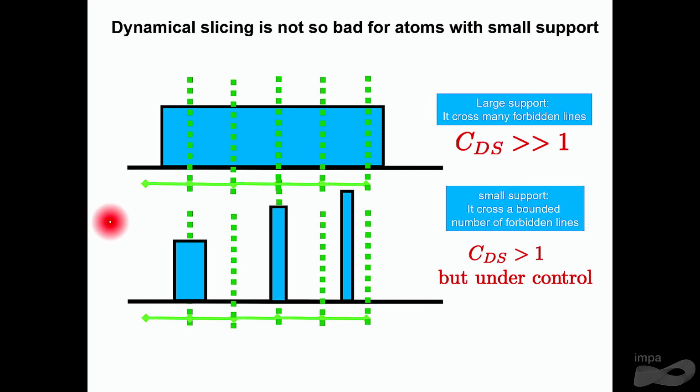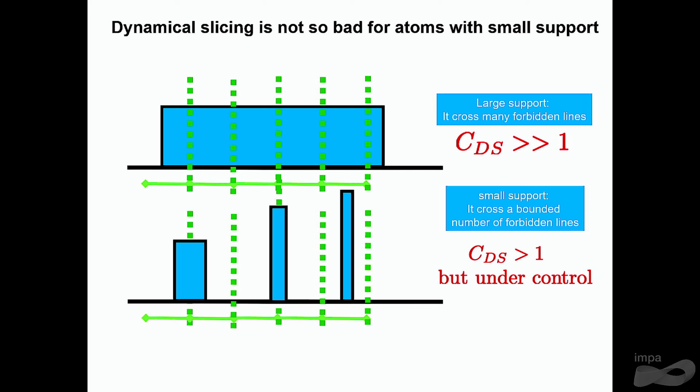So this situation happens just a finite number of times. This situation happens more often. For instance, if you have a piecewise expanding map over the interval, a very small atom with very small support intersects at most 2 intervals in the domain, 2 branches. Okay? So the dynamical slicing is very good.